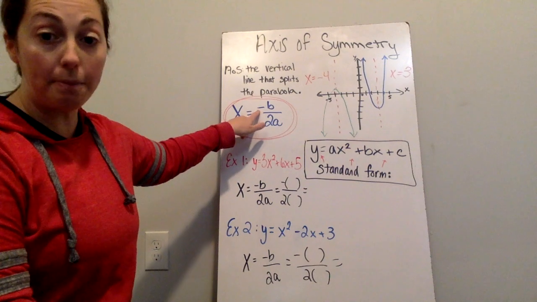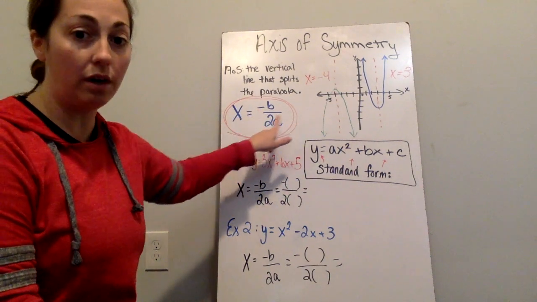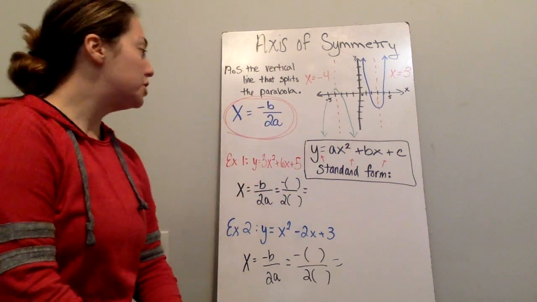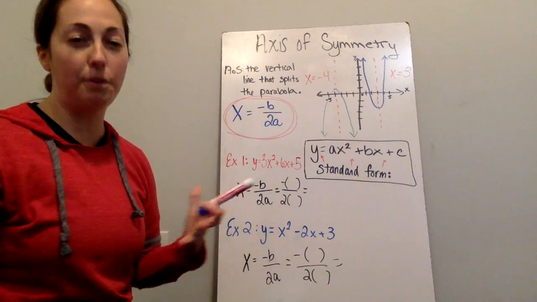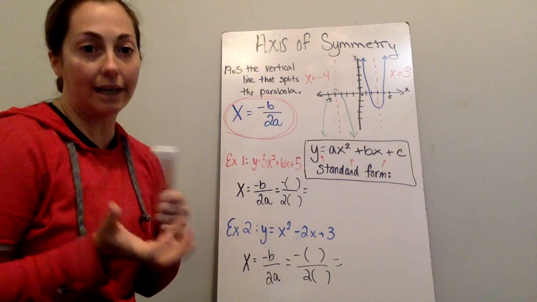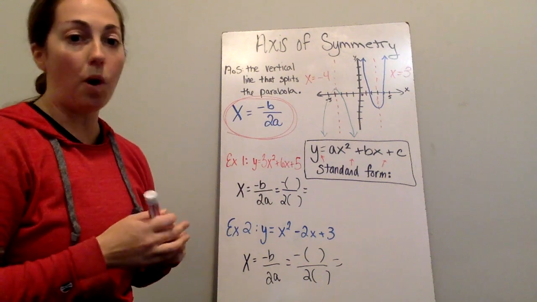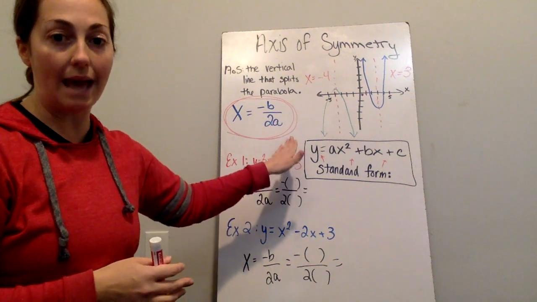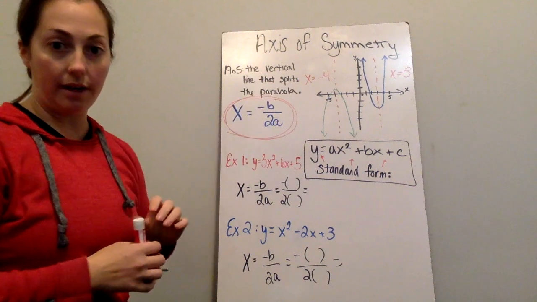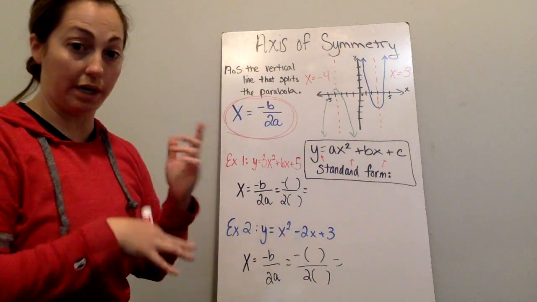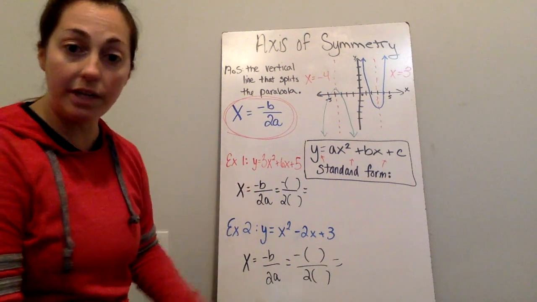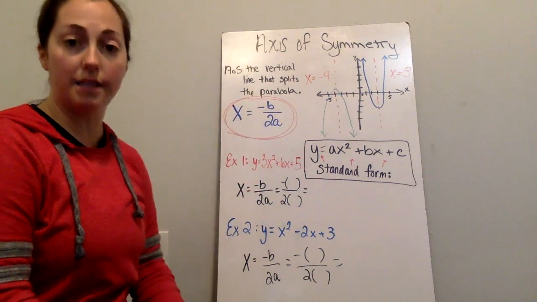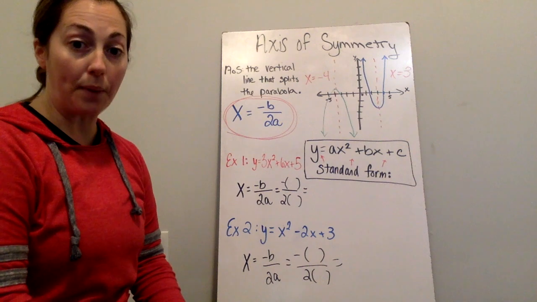And it's going to be the opposite of b over 2 times a. Just be super careful. You don't want to divide all of this. If you put this all in the calculator, you're likely to get something wrong. You always have to multiply 2 times a first before you can divide, okay? So just keep that in mind, and I'll show you an example. Then pause the video, make sure you have everything above example 1 down, okay?